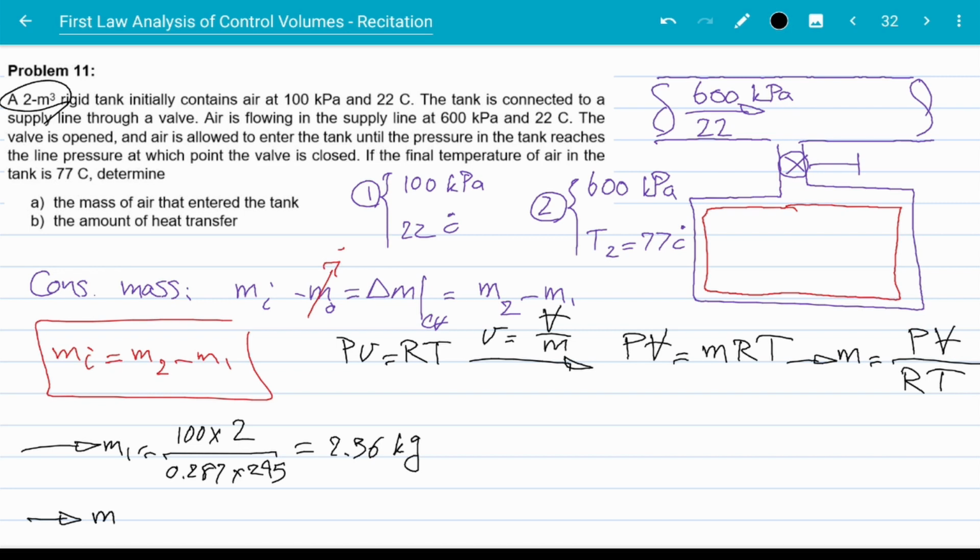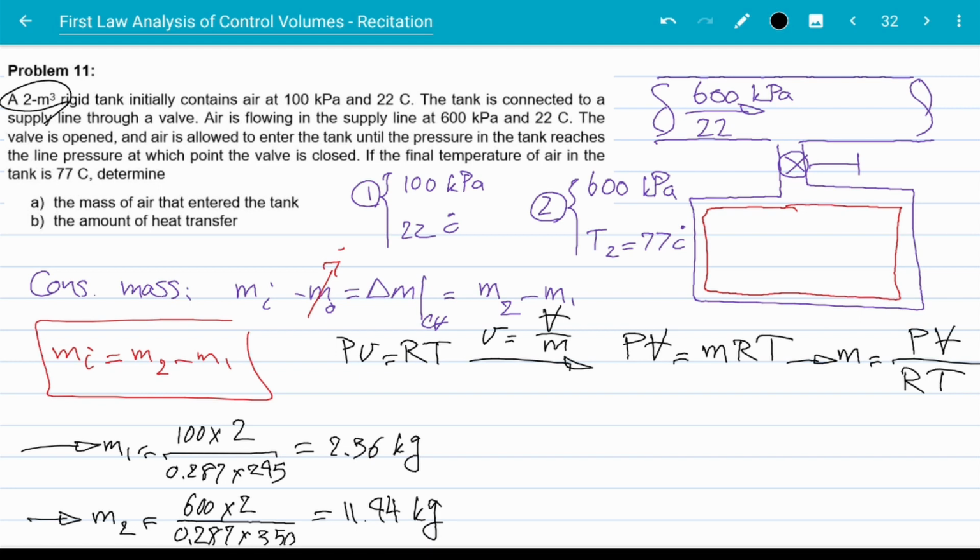For the final state, M2, again, I can use the same equation. Pressure is 600 kilopascals, volume is 2, R is 0.287. Temperature is 77 degrees Celsius, which is 350 Kelvin. Do the math, you get 11.94 kilograms. So the final mass is 11.94 kilograms.